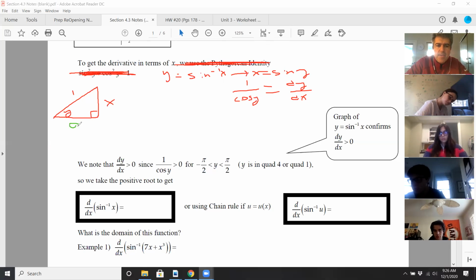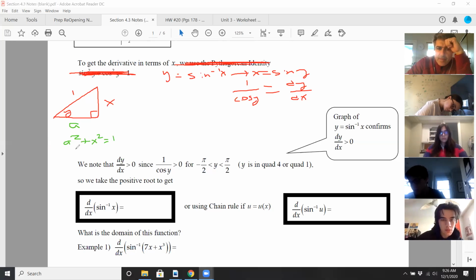I'll call this side A. What would A equal in terms of x? How would I do that? Does anyone see what A equals here? The square root of 1 minus x squared. Right. Good. Thank you.